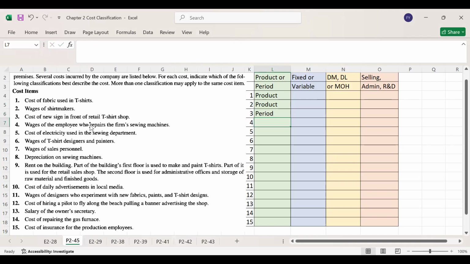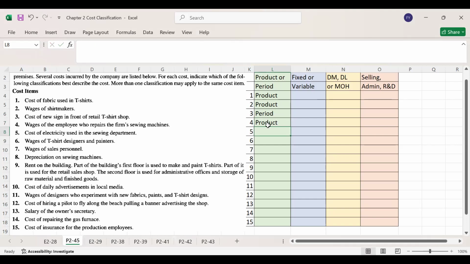Wages of the employees who repair the firm's sewing machines. The sewing machines are part of the factory, and routine repairs and maintenance of machines are part of factory overhead, and factory overhead is a product cost.